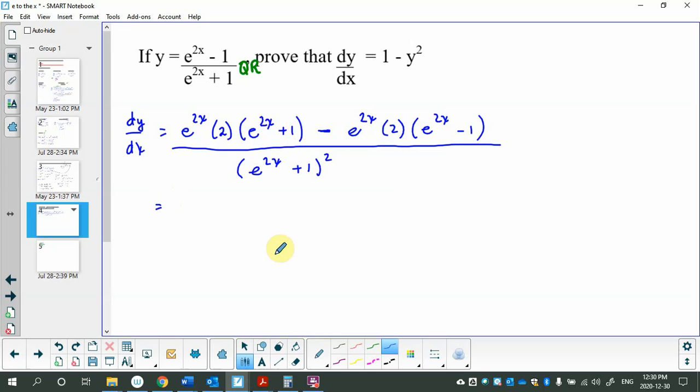All right, so the next thing I'm going to do, I'm going to take this and multiply it in here, and I'm going to take this, which is included with the negative, and multiply it in here. Leave the bottom alone. So 2e to the 2x times e to the 2x. Hey, we've done this kind of thing before. If you want to make it 4x, knock yourself out. 2e to the 2x times 1.